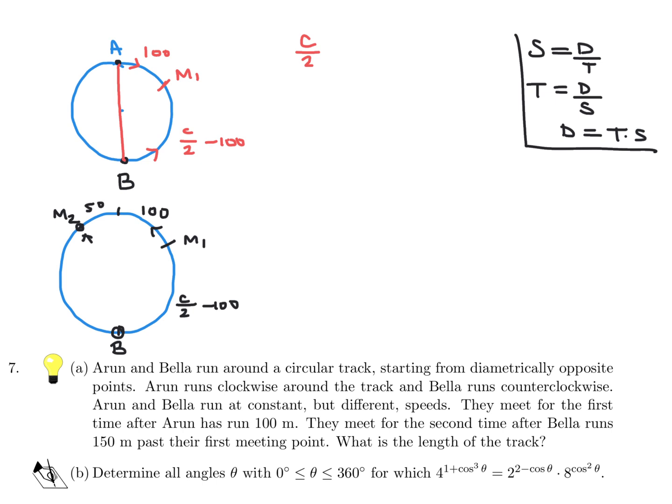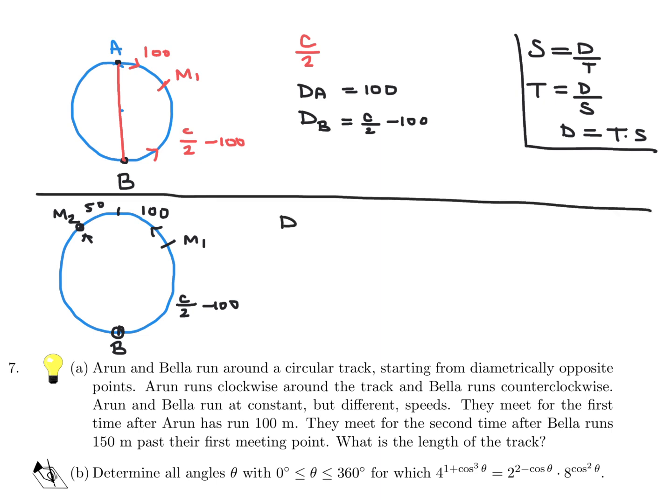Let's backtrack here and discuss this. The distance traveled by Arun in the first part, dA, is 100. That's pretty straightforward. And the distance traveled by Bella in the first part is C over 2 minus 100. So that I know for sure is correct. Now the second part, we need to think about a little bit.